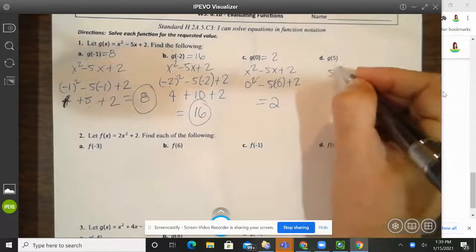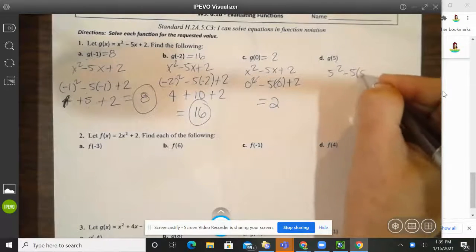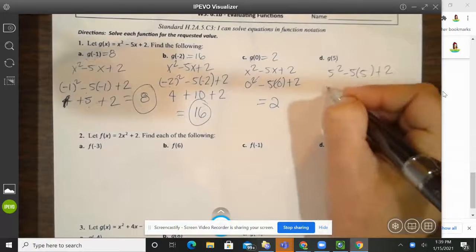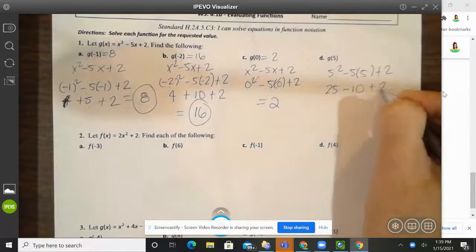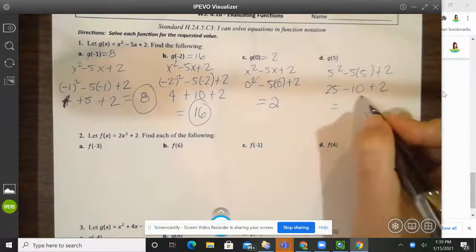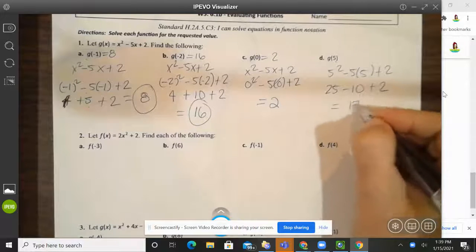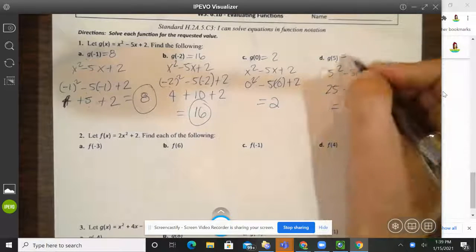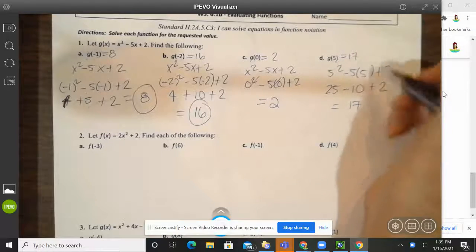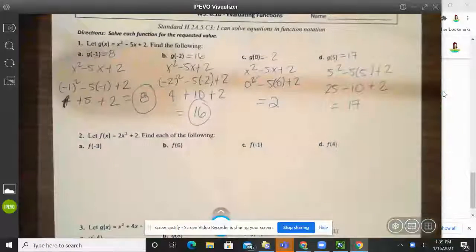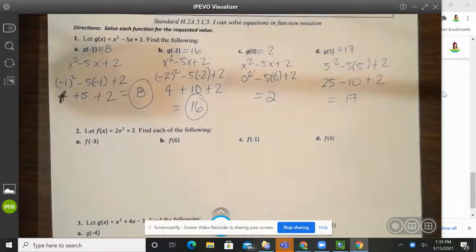We have 5 squared minus 5 times 5 plus 2, that is 25 minus 10 plus 2, and 25 minus 10 is 15, plus 2 is 17. So when x is 5, y is 17, or g of x, right?